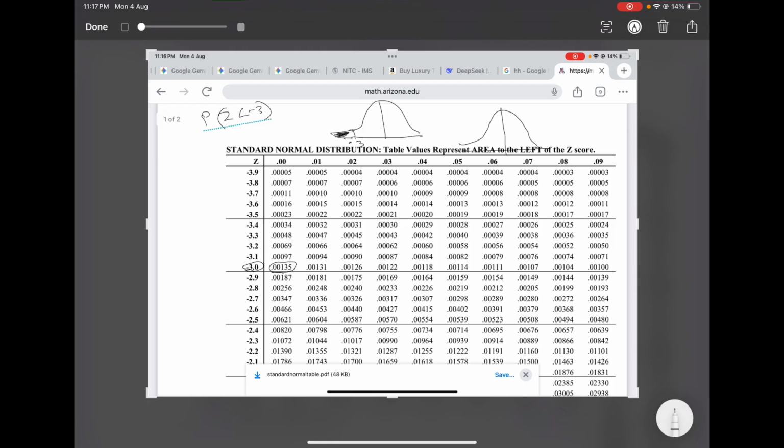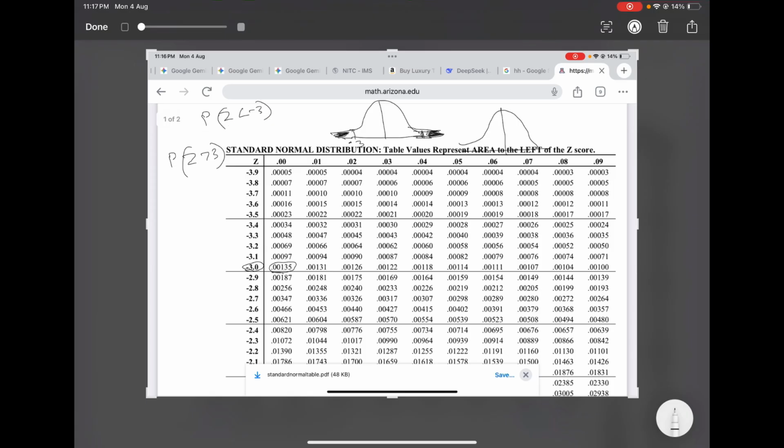Similarly, if you want to find the probability of Z greater than 3, it corresponds to this area. Since it is symmetric, this will be 0.00135 itself. So this is how you look at the table.